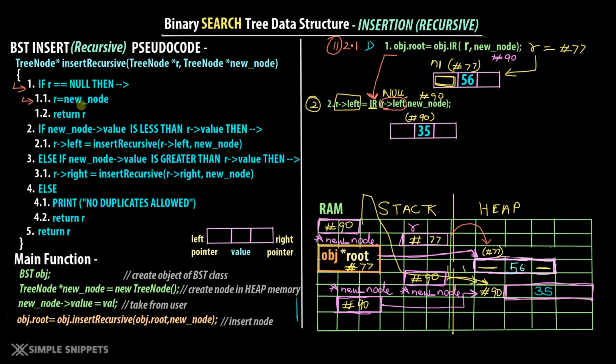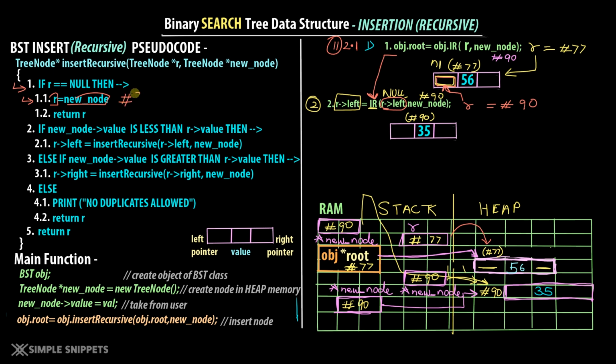So now we will say r equals new node. What is r over here? R is null and r is nothing but this left pointer of n1. So we've passed the left pointer of n1 and now we are saying r equals new node. New node we've passed hash 90. So now we will say r equals hash 90.